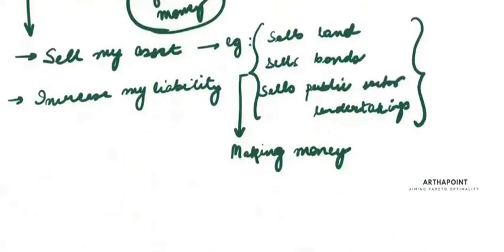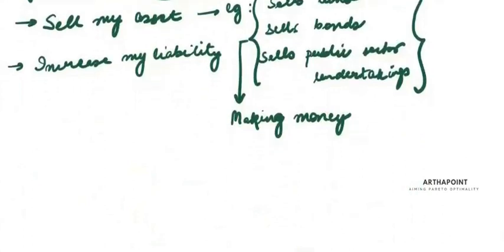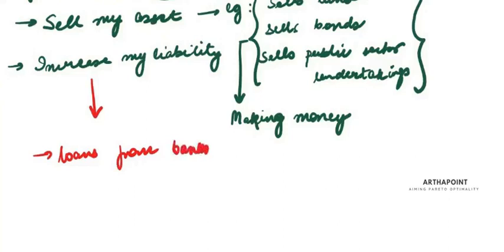The second part of the receipt is increase in the liabilities. When we talk about increase in liabilities, it can be when you take loans. When the government is taking loan, maybe if I talk about the state government, the state government can take loan from the central government. The central government can also take loan from the state government, from the banks, and from other governments, from other countries.